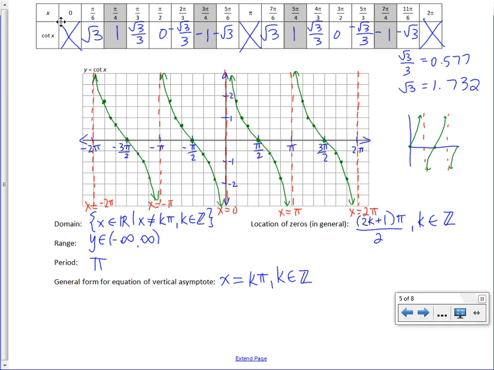So on the weekend, if you really want to fill this in again, you can make 10 copies and do it 10 times if you think that's going to help you, whatever way you feel you're going to know it. Because the majority of your communication mark is going to be filling in the blanks, and any characteristic of any of these graphs is fair game for me to ask you. So I can ask you for zeros of cotan x. We need to know that's different from the zeros of tan x, sine x, or cos x. You need to be able to tell them apart.